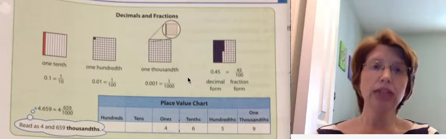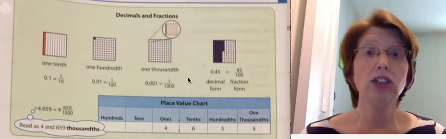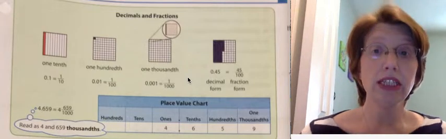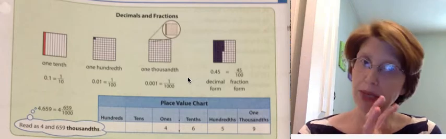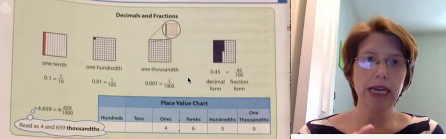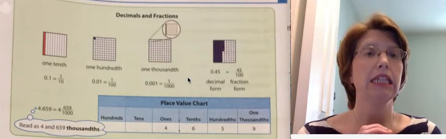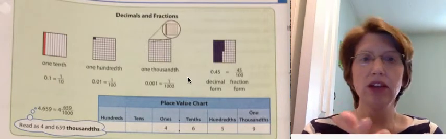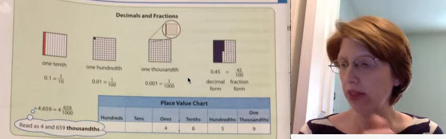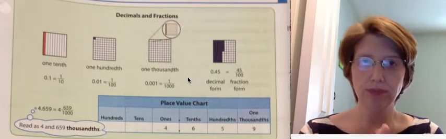It's based off of 10. Fractions with decimals are very easy because the denominator is always going to be a form of 10, meaning it's going to end in 0. So it might be 10, 100, or 1,000. Usually that's what we're dealing with.